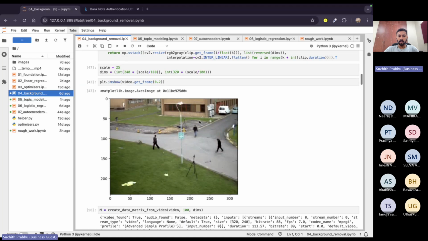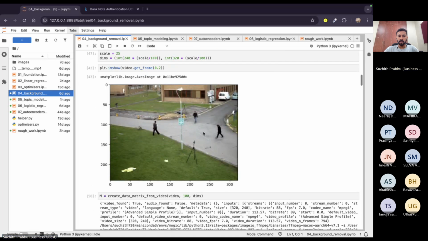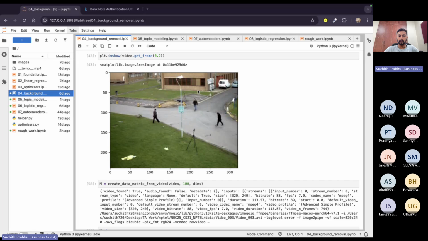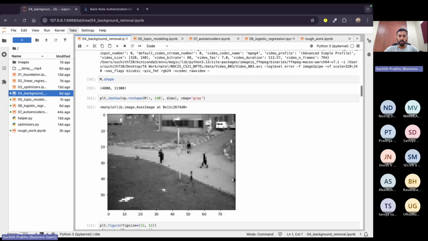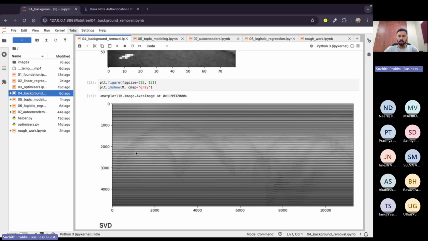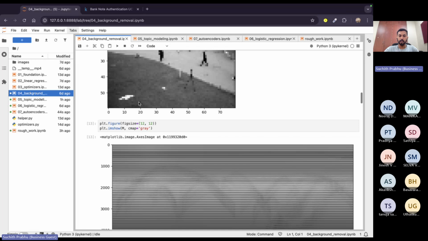This is an image taken as a sample from this video, and we converted it into a vector by just resizing the matrix. We stacked all such vectors together. This is what we end up with after stacking all the frames from the video. Here the x axis denotes time, and the y axis is the image flattened out into one single vector.